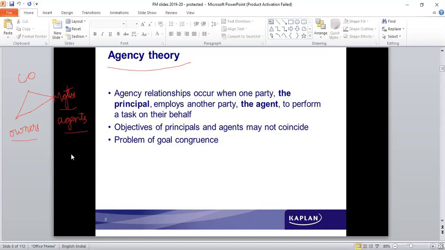But everybody should understand it is the objectives of the organization which are important, it is not individual objectives which they decide for themselves. So everybody in the organization at every level, when they work towards the achievement of the organization objectives, we call it goal congruence. Otherwise there is a problem of goal congruence.